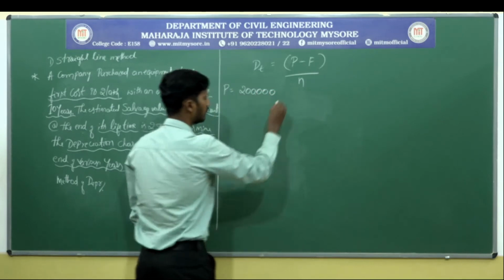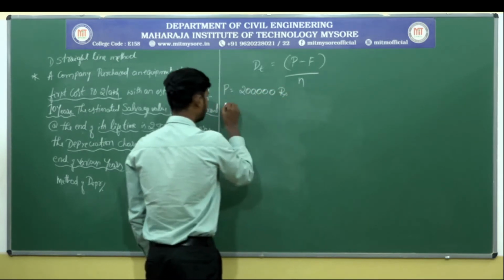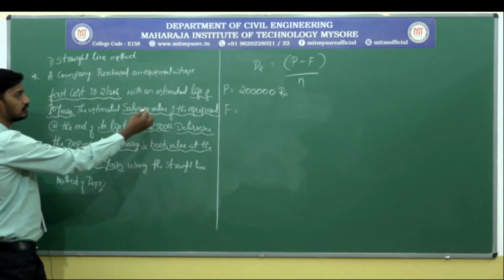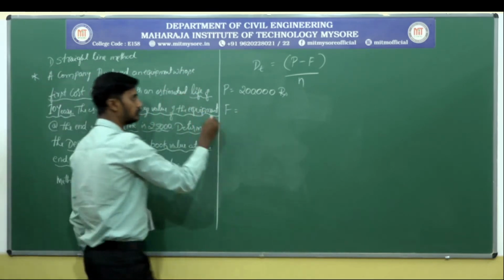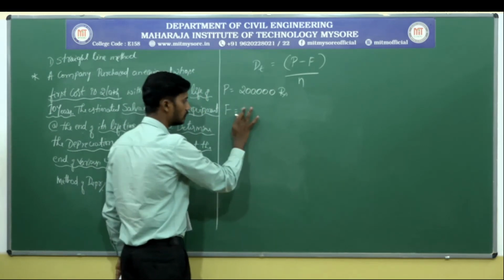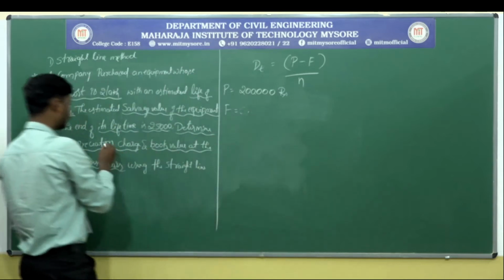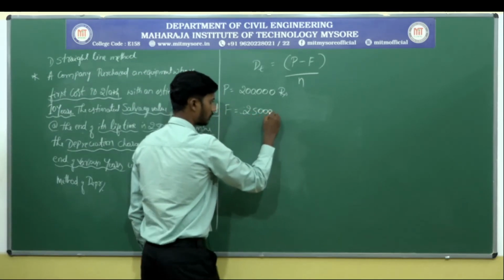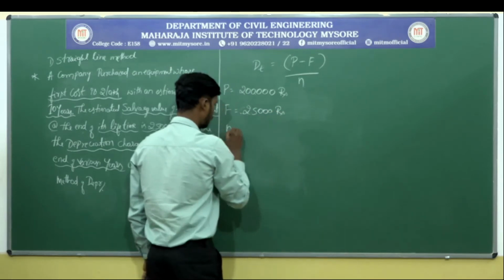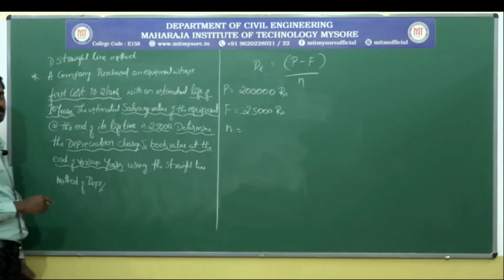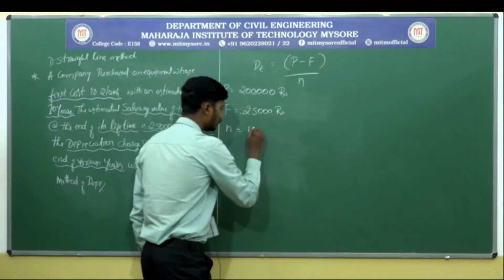And what is F? F is the salvage value. Sometimes instead of F, somebody can write SV also, salvage value. What is the salvage value? 25,000. What is N? N is the number of years given, that is the lifespan, 10 years.